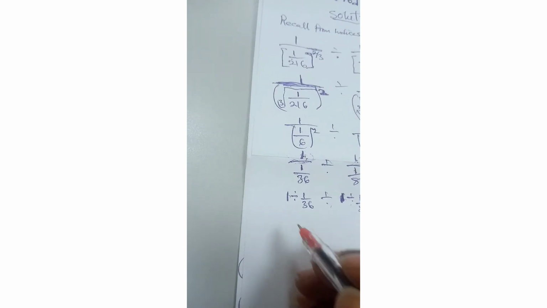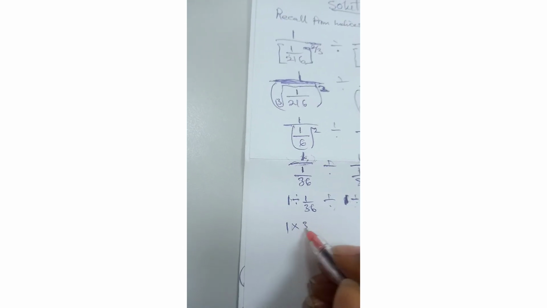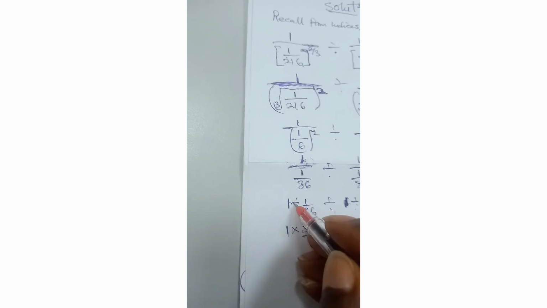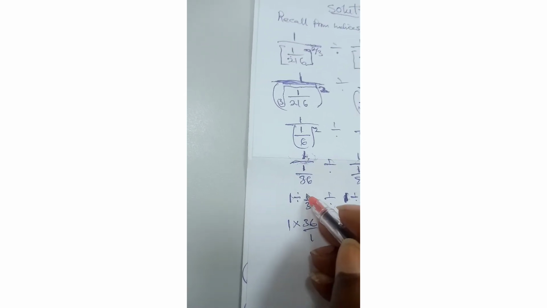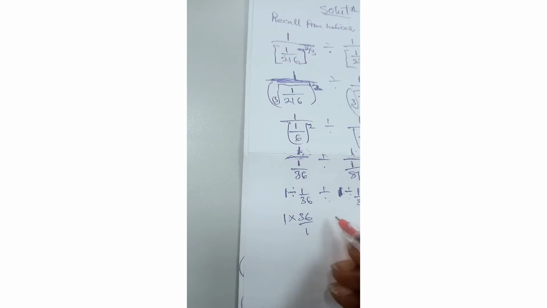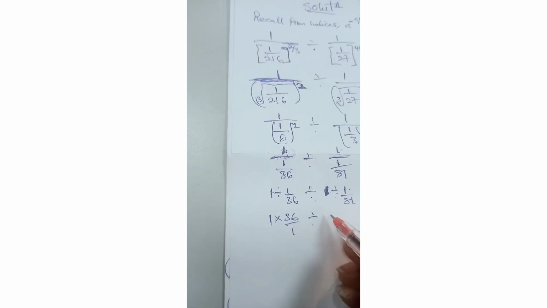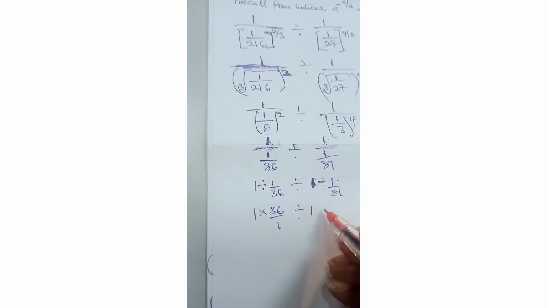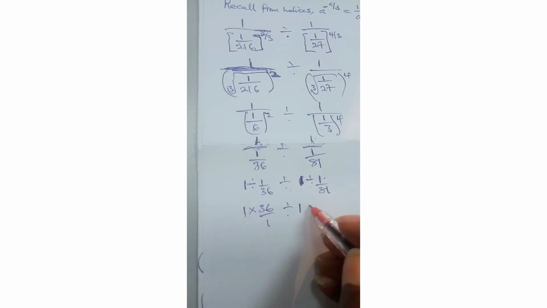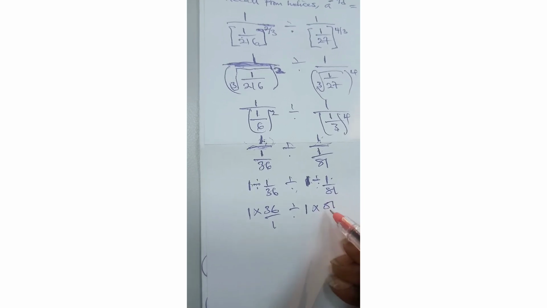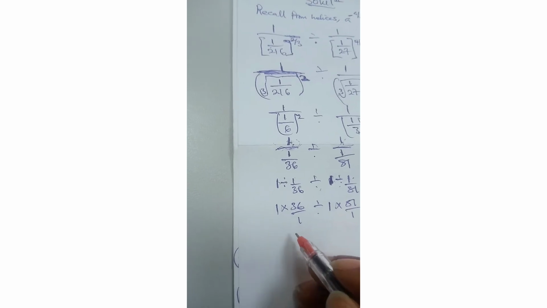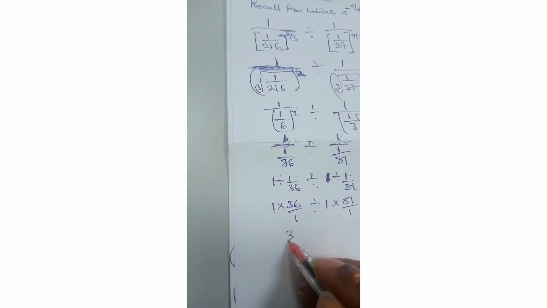Now this will turn to 1 times 36 over 1. This division will turn to multiplication. This comes up and this goes down, so at this point we are going to have 1 times 81 over 1.